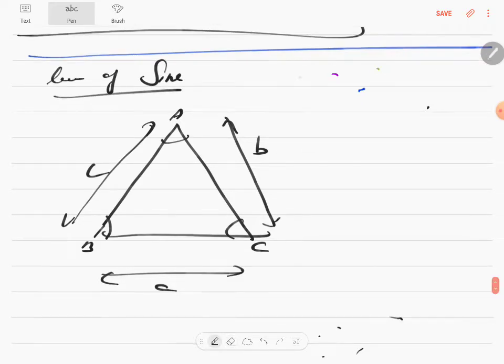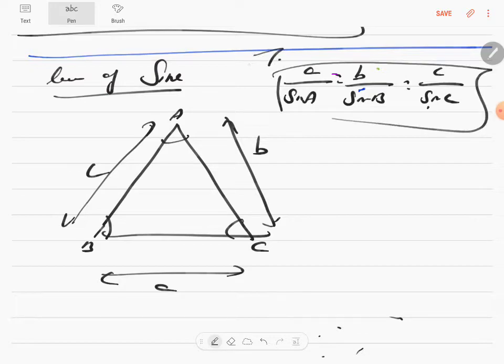Law of sine is nothing but a by sine A, the opposite side by sine of the opposite angle, is equal to b by sine B is equal to c by sine C, and this is what you need to prove. Can you see there is a sine B? Take the angle B and construct that into a right triangle, so that you can write sine B.